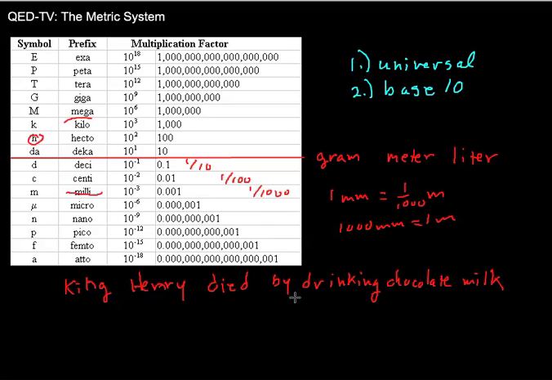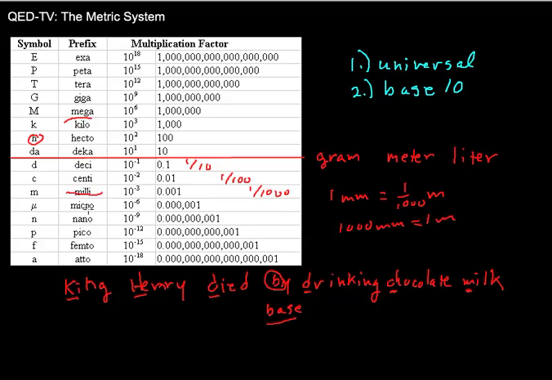King Henry died by drinking chocolate milk. So we have kilo, hecto, deca. And the reason I like this phrase is because it uses the B, which of course stands for the base unit. So it could be gram, meter, or liter. King Henry died by base, deci, centi, and milli. So that's one way you can remember these 6.